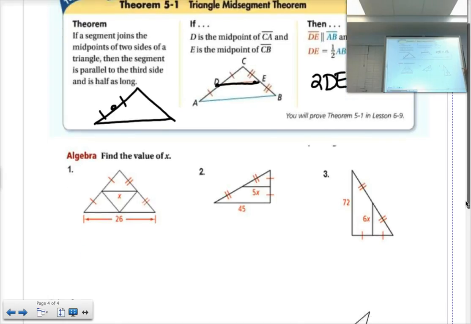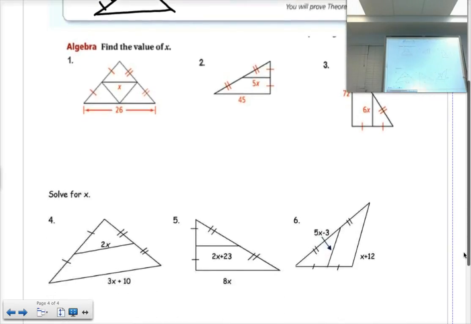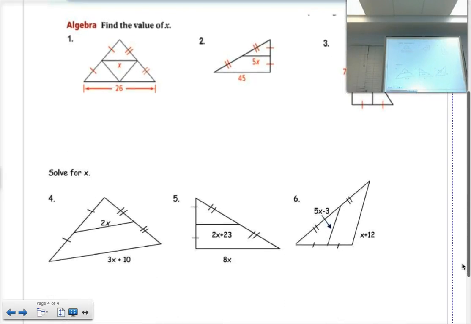Okay, so we're going to find the value of x. Now look how they did this triangle. They put all the midsegments in. But x is representing the midsegment from that side to this side. Does everybody see that that's a midsegment? The reason you have to check this is because sometimes it may not be a midsegment.